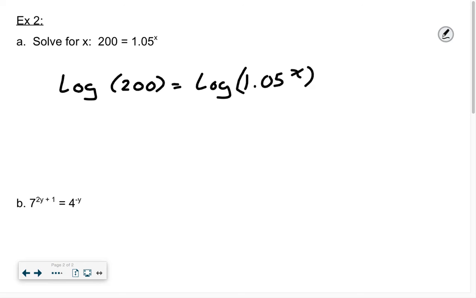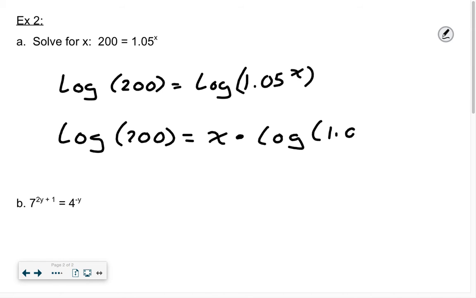The power rule tells us to take the exponent and put it where? In front, right? It takes that exponent, that variable, and brings it down to our playing field. Because I know what to do at this point. How do I solve for x? Well, I simply divide both sides by the log of 1.05.